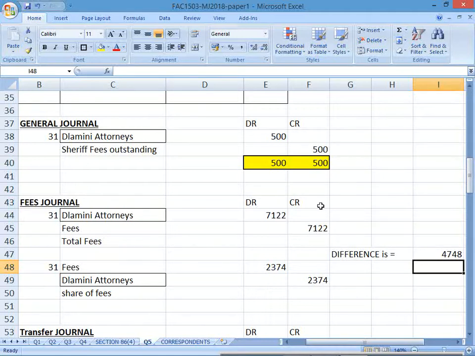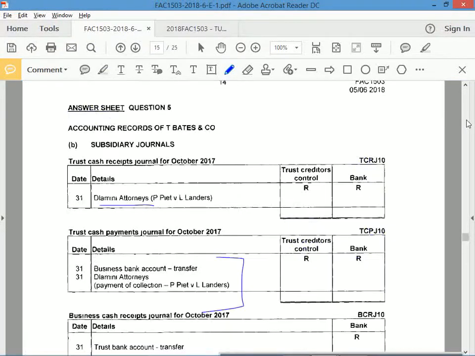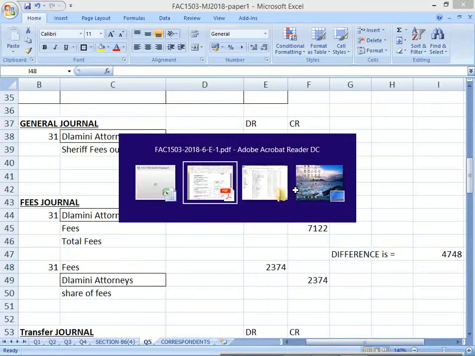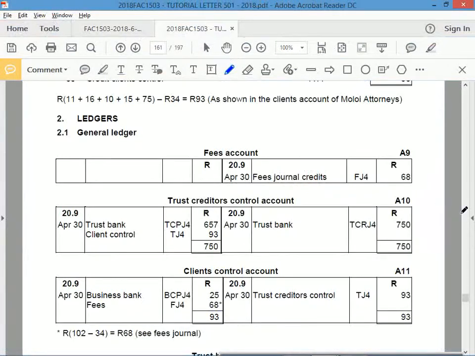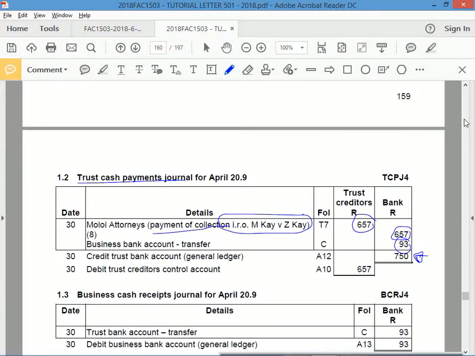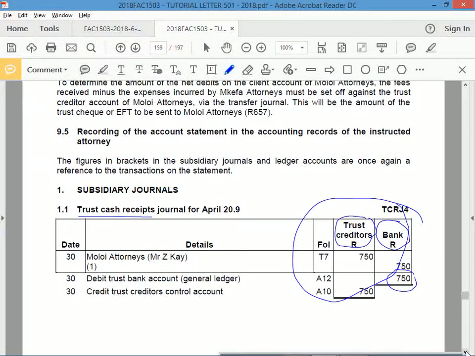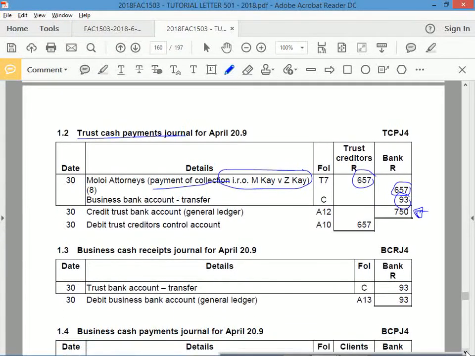Okay, so let's look at the first part over here. Right, so that we've completed, we need to look at this part over here.